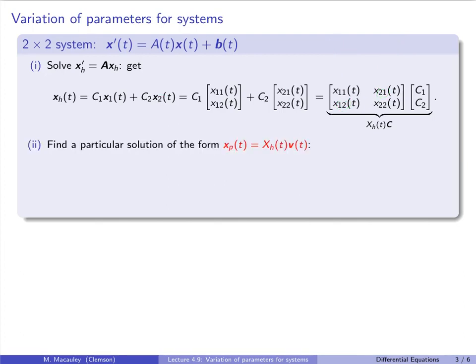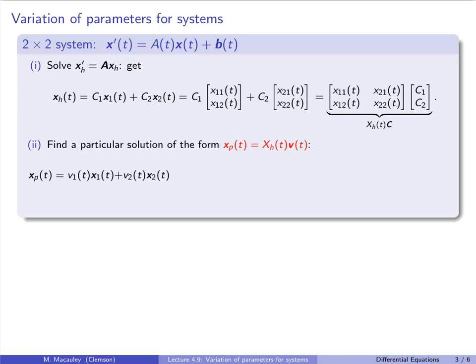As before, the utility of the variation of parameters method is that it will find us a particular solution when we need it. So in this case, we assume that there is a solution of the form xp of t equals the homogeneous solution xh in matrix form times v of t. So in other words, that's xp of t equals v1 times our first solution, x1. Notice that is a scalar function.